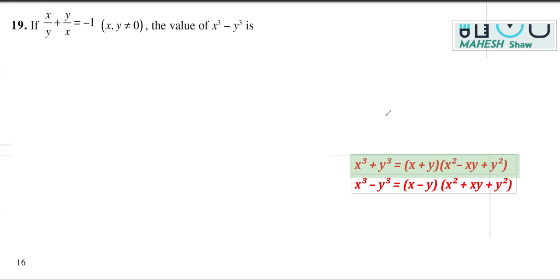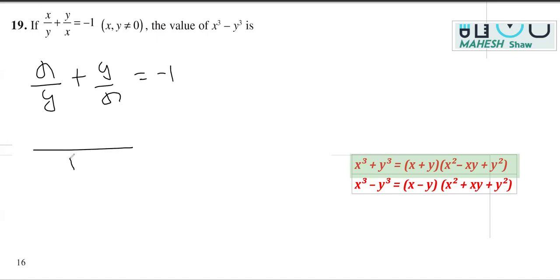Now, what we know is that x cube minus y cube is x minus y into x square plus xy plus y square. So we need to convert this given information into any of these forms. Let's first try simplifying this.